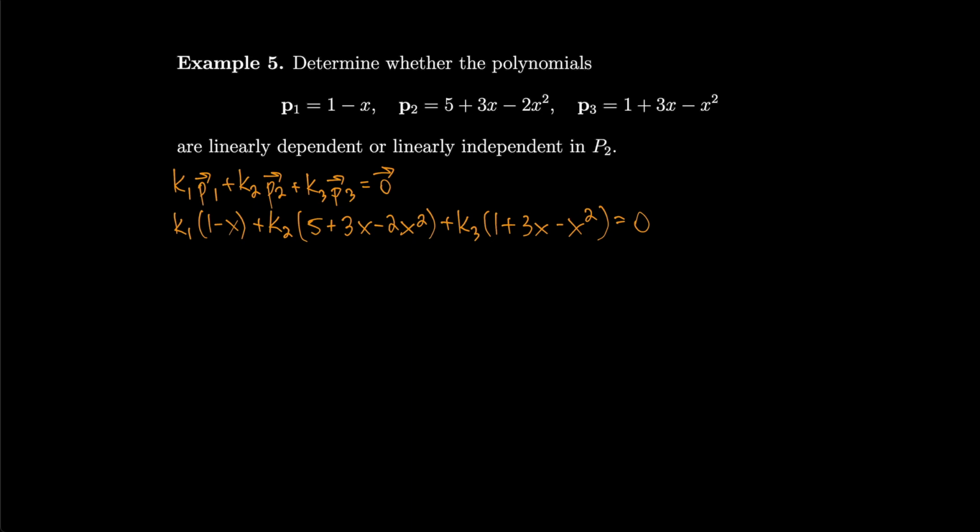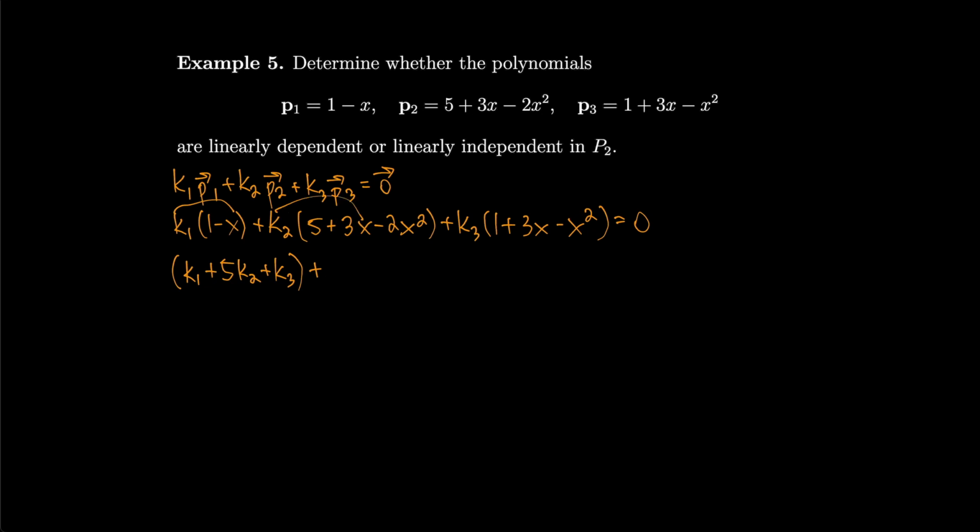So I'll distribute out the k's all around, and then I'll just combine all my like terms, and I'll get all of the k's that aren't attached to an x together. So I'll get k1 plus 5k2 plus k3 as the constant term for my polynomial, and then I'll group together all of the k's that are multiplied by an x term.